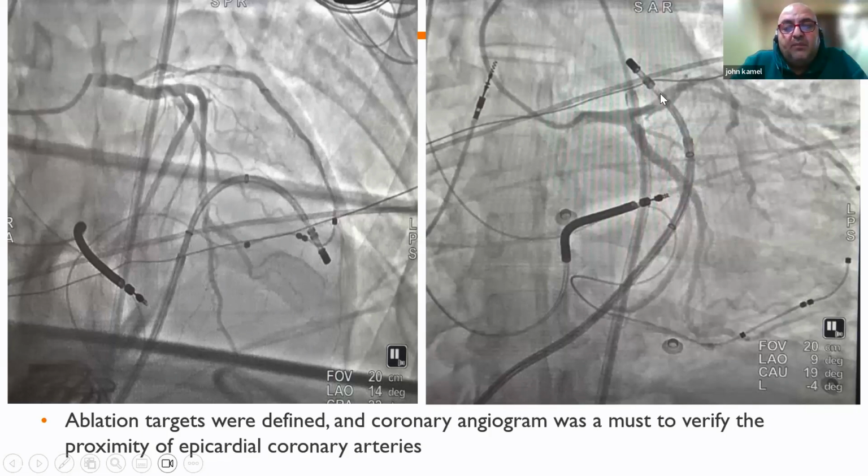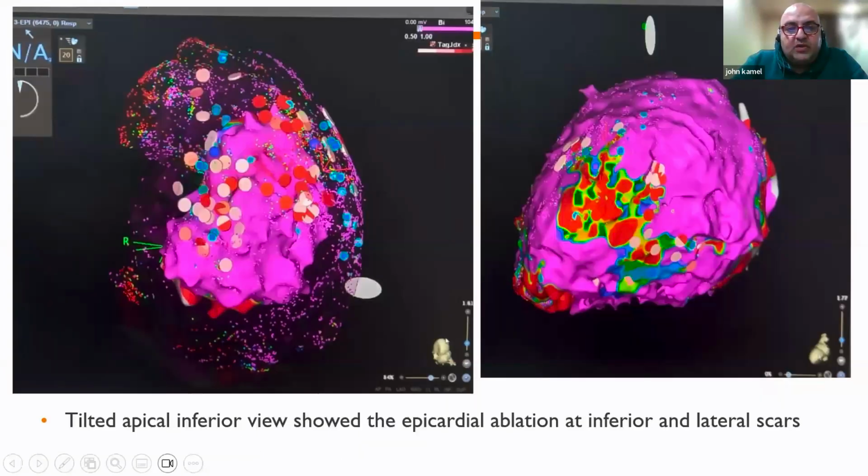The patient also has RVOT late potentials, and we also use an angiogram to see the proximity of the coronary artery. These are both endocardial and epicardial, and all these ablation points are in the epicardium.